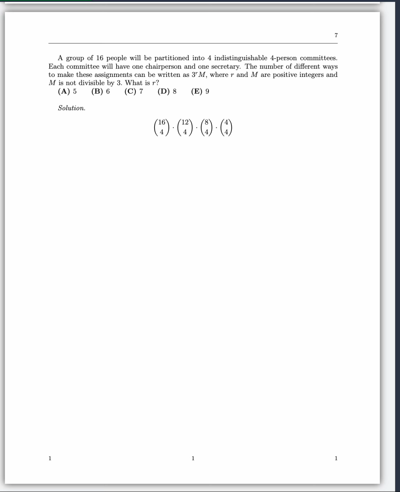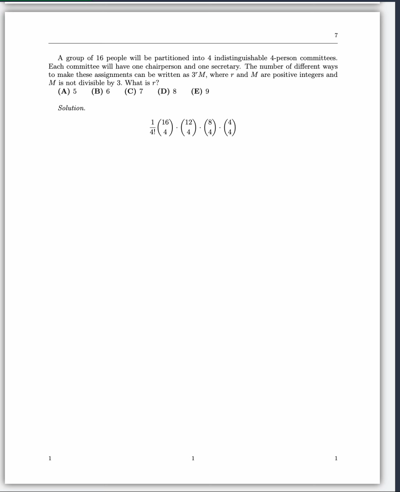So from this total number of choices, we have overcounted by a factor of 4 factorial, which represents the distinct orders of choosing these 4 committees. So we have to multiply by 1 over 4 factorial. This is the number of ways to partition the committees.